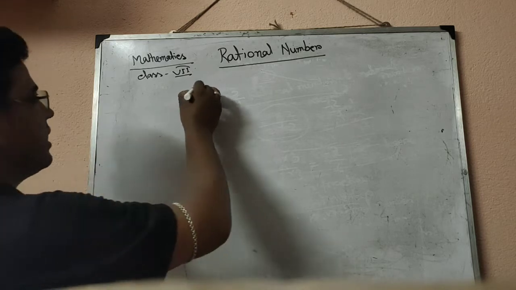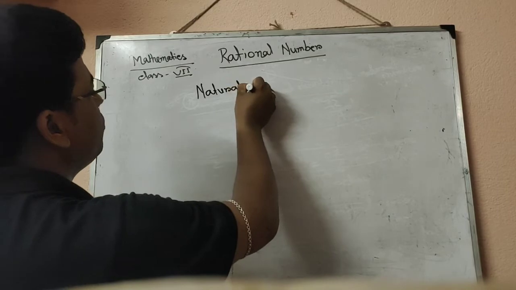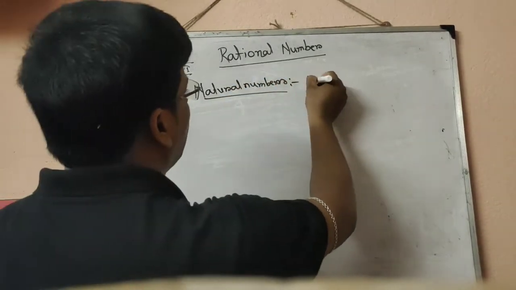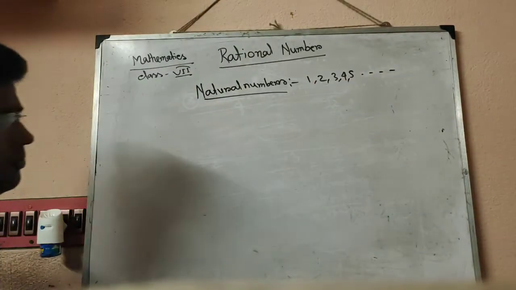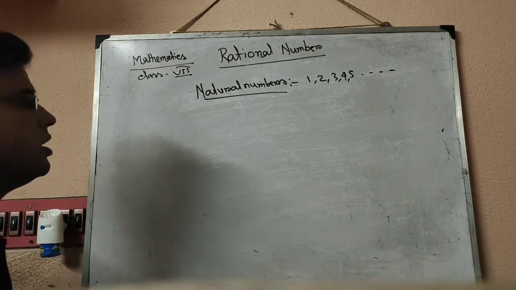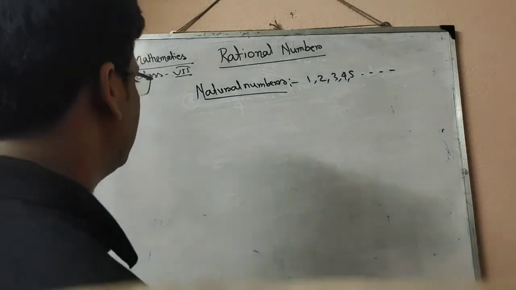At first, natural numbers. Which are natural numbers? Any counting numbers are natural numbers. That means 1, 2, 3, 4, 5, etc. 0 is not a natural number, because 0 is not a counting number.